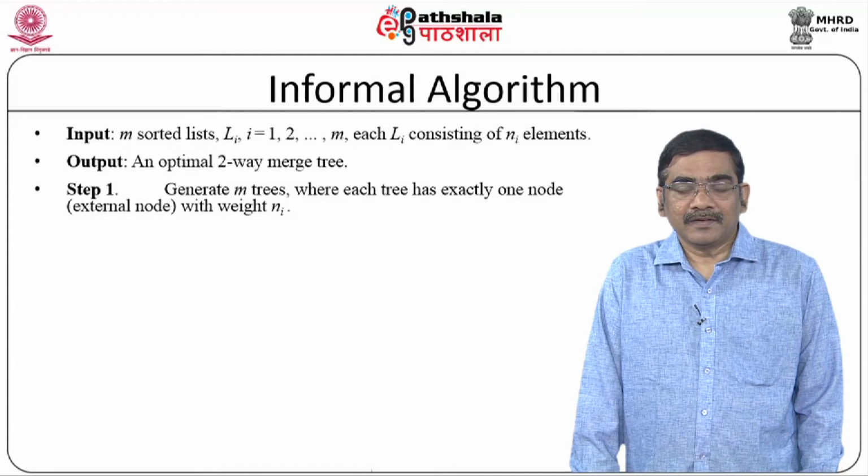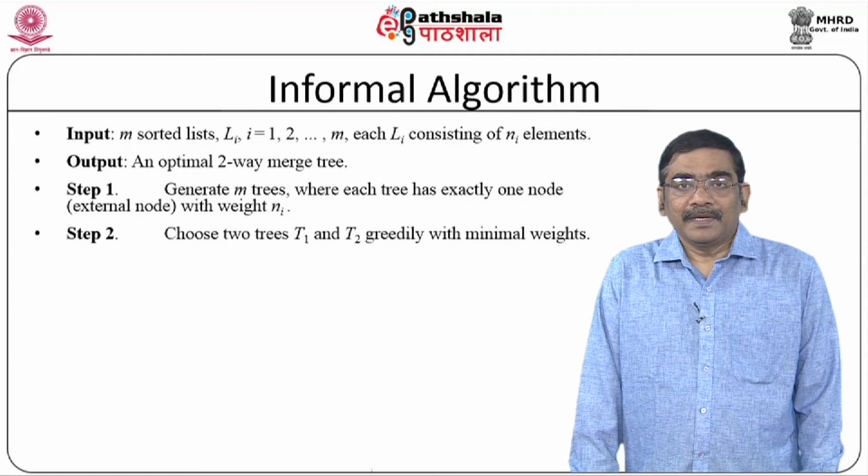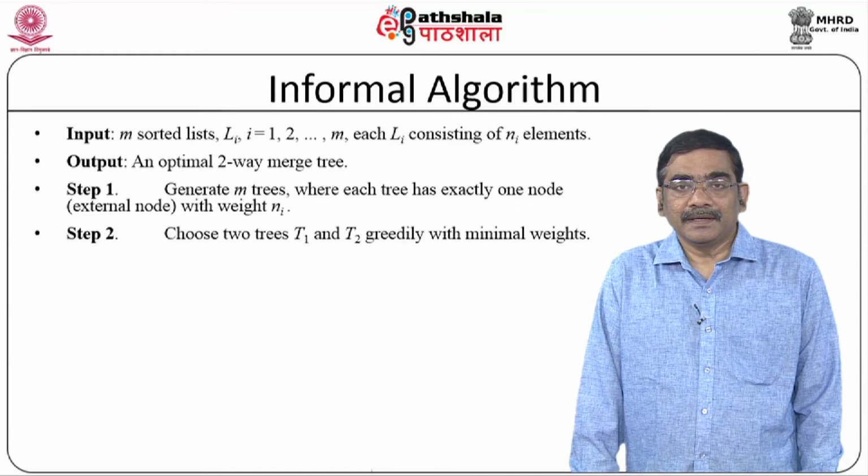So, that means if there are 5 elements, then 5 initial nodes are created. Now we come to the important part of choosing the nodes. Here the greedy approach comes into the picture.